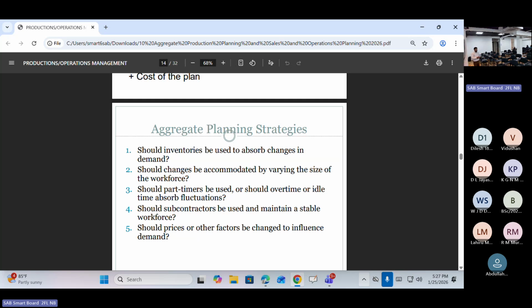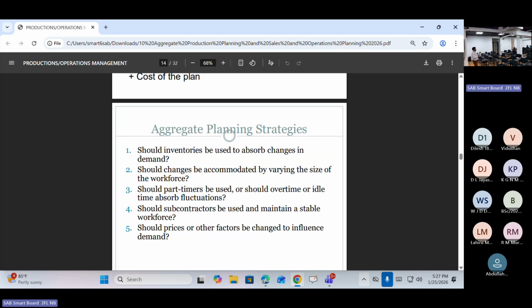So the third one, we call it use of part-timers or overtime work to absorb fluctuations in demand, or something called idle time. When the demand is high, you use overtime.